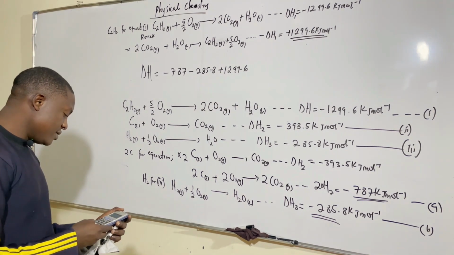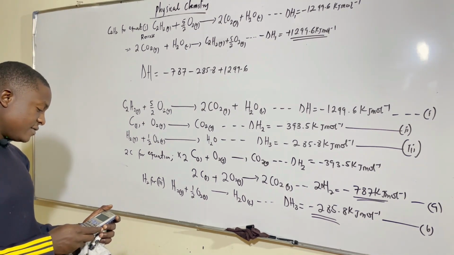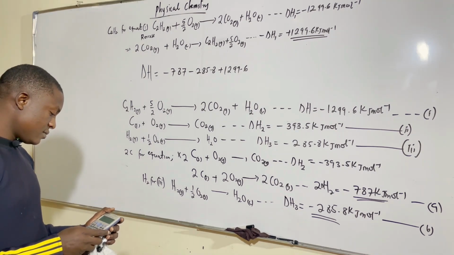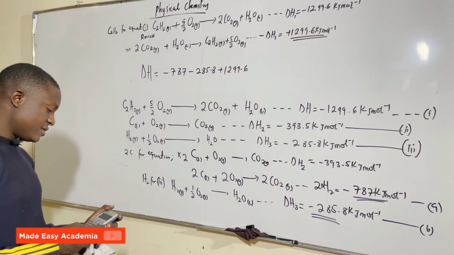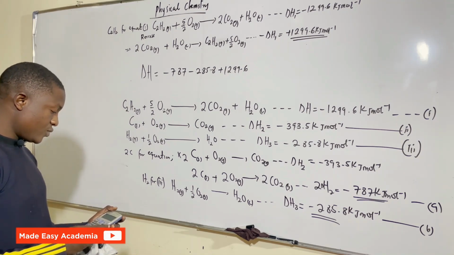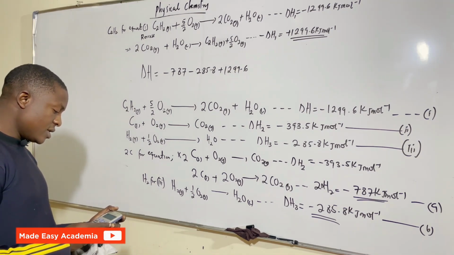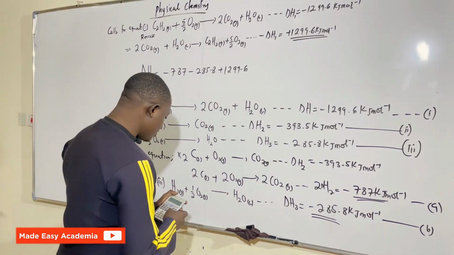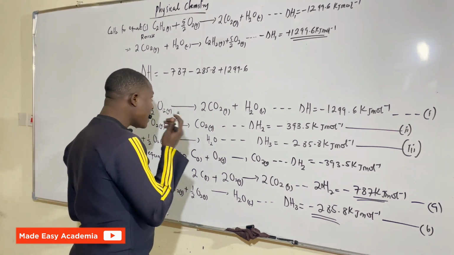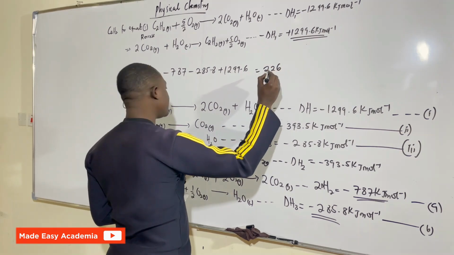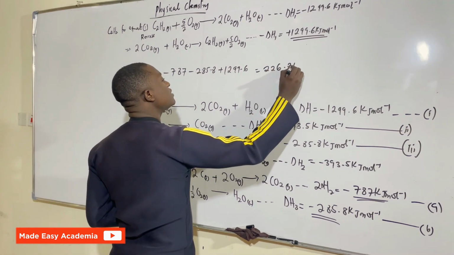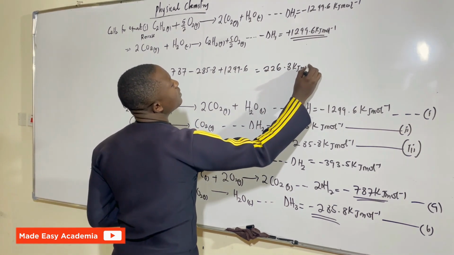The first one is minus 787 minus 285.8 plus 1299.6. So what I have here is 226.8 kilojoule per mole.